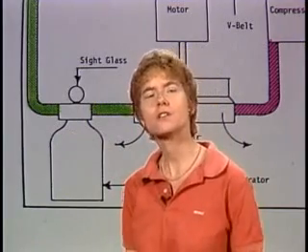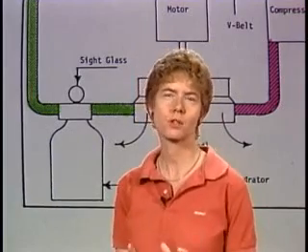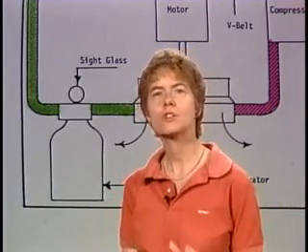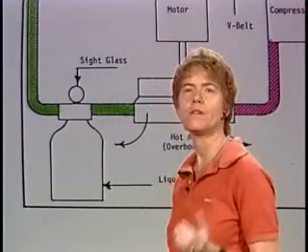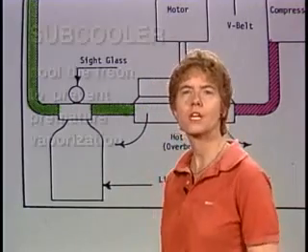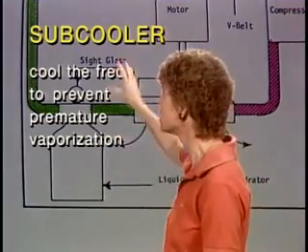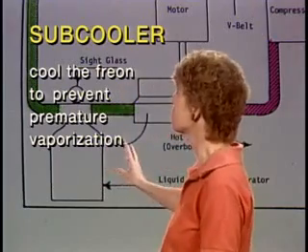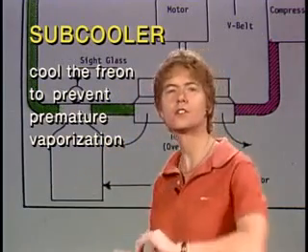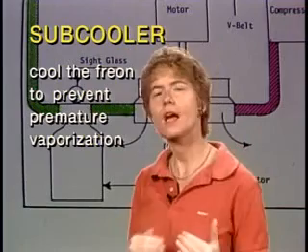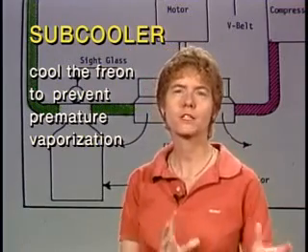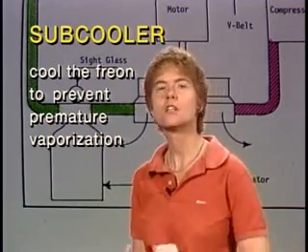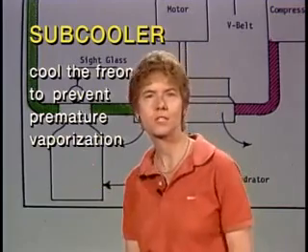Now, this particular system does not have a subcooler, but in some systems you have a subcooler, and if you've got that, the purpose of it is to cool the Freon to prevent premature vaporization. If it vaporizes too soon, it's not going to have the cooling effect in the proper place, and that's the function of the subcooler, to prevent premature vaporization.